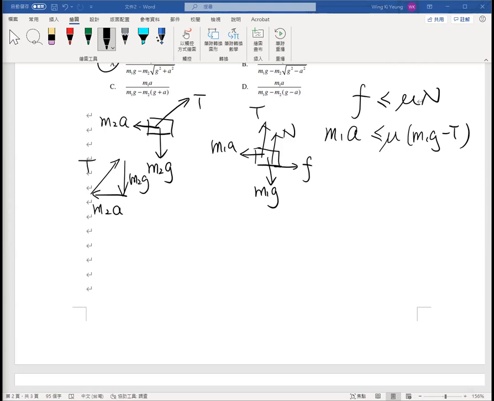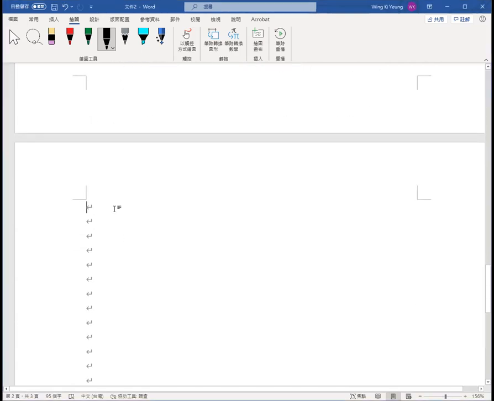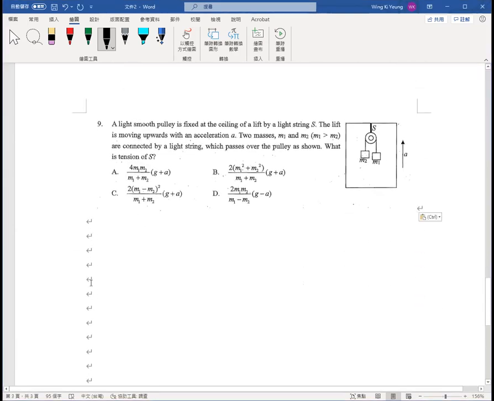Okay, let's see this one. The lift is accelerating upwards. M1, M2 are connected by a string over a pulley like this.